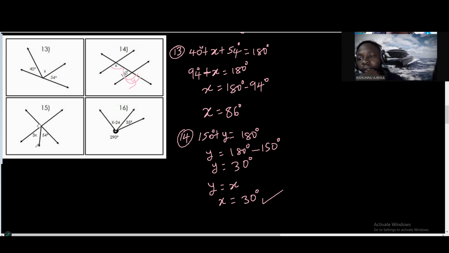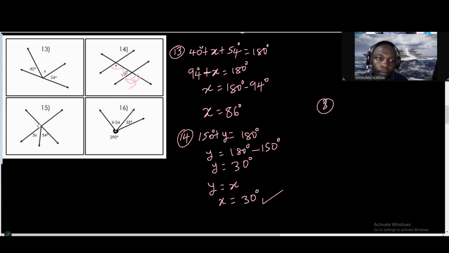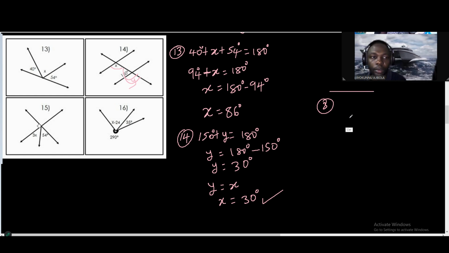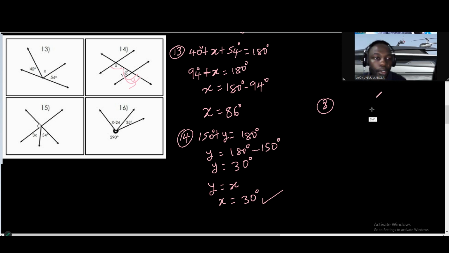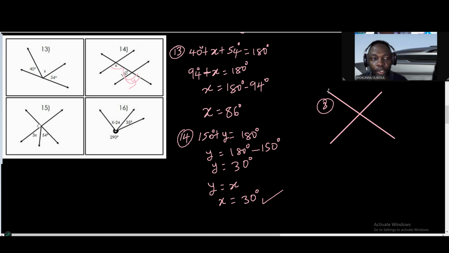And to the third one, we can see that there are two intersecting lines. Let me use lines. A line here and another line here. They are lines because of the arrows that are there.